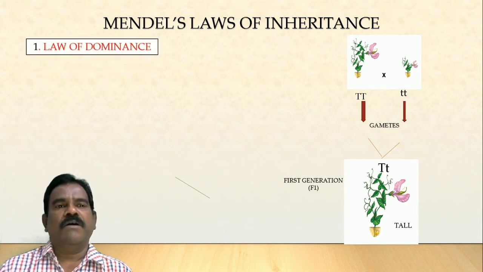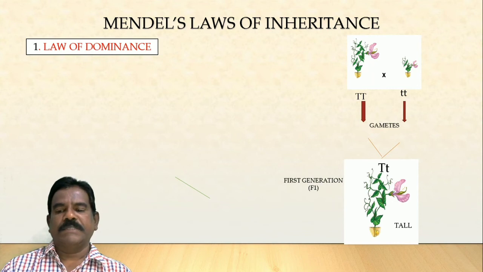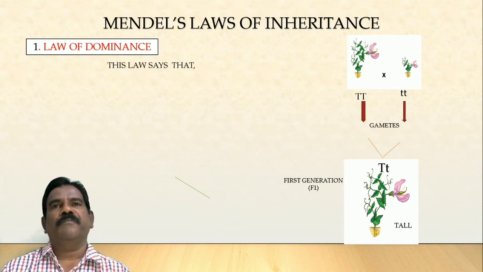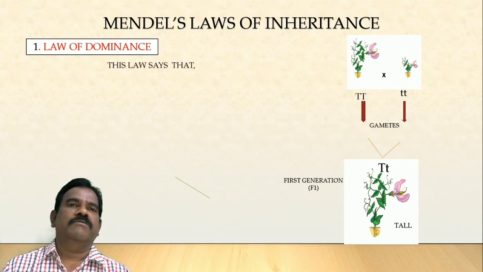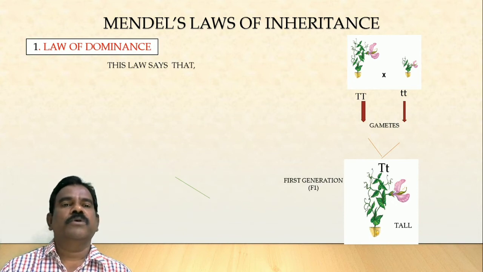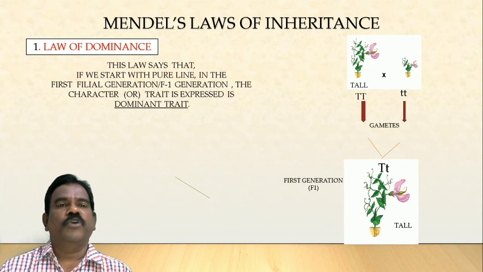The first law of these laws of inheritance is the law of dominance. What is dominance? It is a phenomenon where a character is expressed phenotypically in both homozygotes and heterozygotes. That is called the law of dominance.